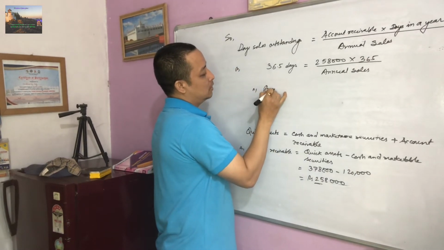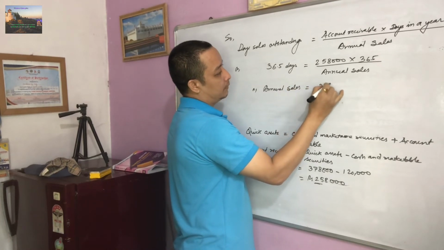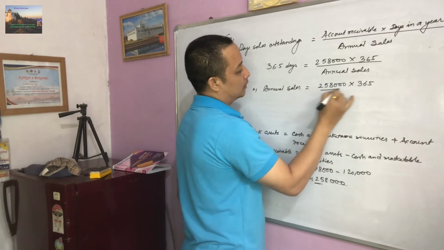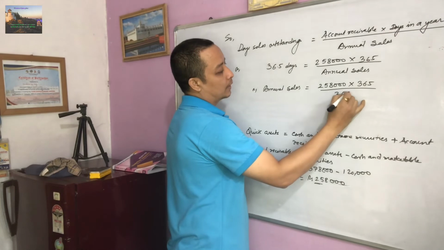Annual sales equals to 2,58,000 into 365 divided by this days sales outstanding comes here 36.5 days.